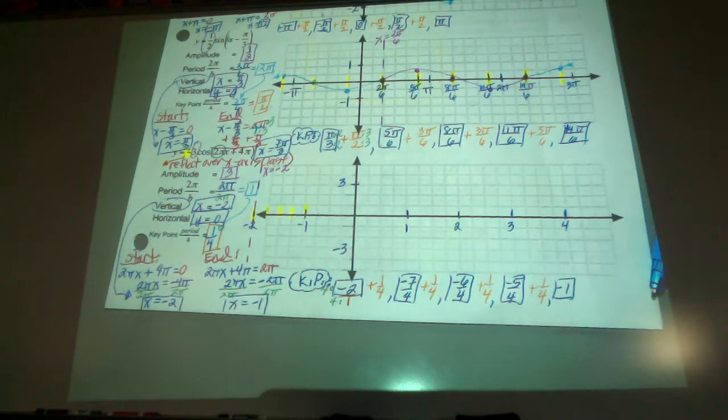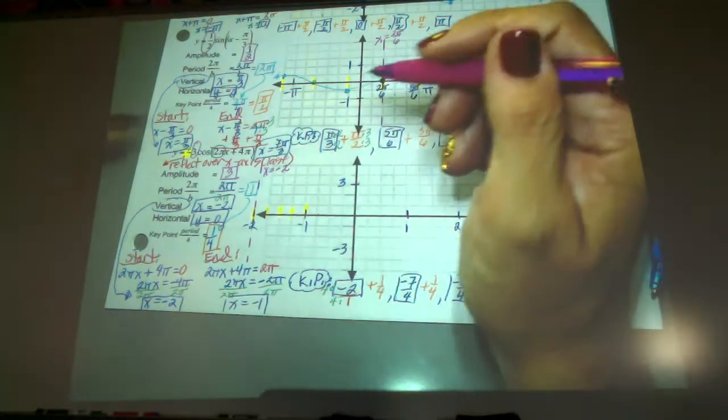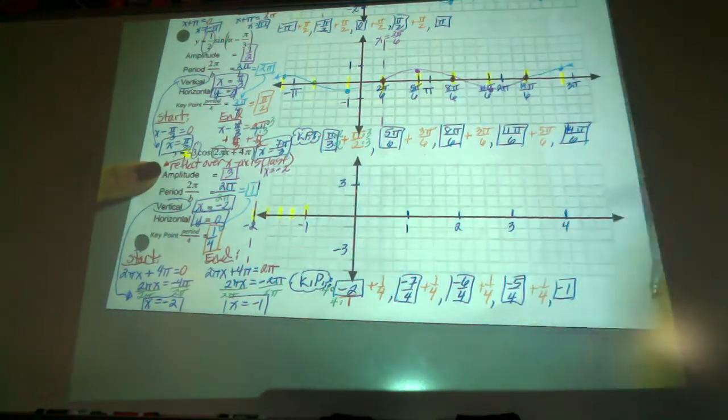And we are plotting cosine, because cosines start up at the amplitude or down at 0. Up at the amplitude. Plus, don't forget, we almost forgot, we have a reflection. So I'm going to start off with using a green pen, because we're going to do a dashed line. Because what I'm going to plot now is not the actual graph. I'm going to plot the normal cosine without a reflection.